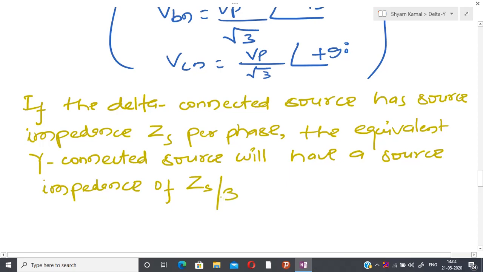We have already seen this kind of conversion in the previous class.